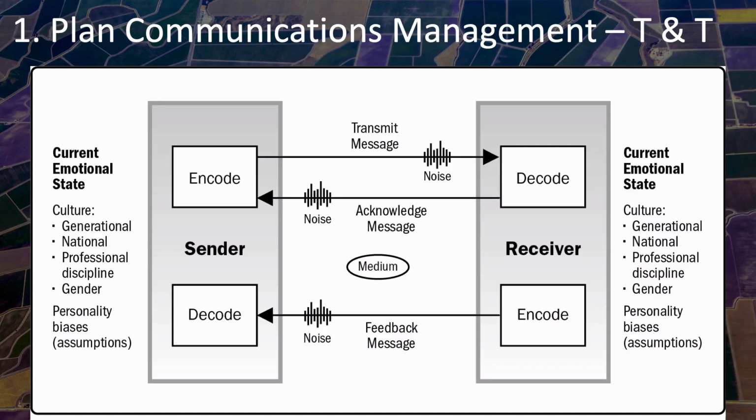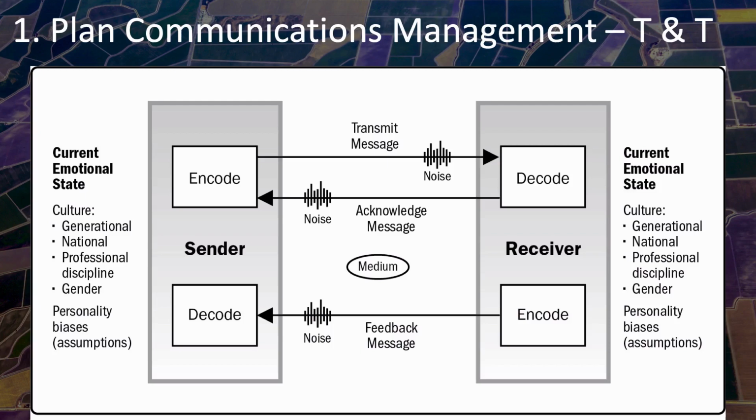Then in that communication, there can be noise caused by all these different factors. And then the decoding on the recipient's end is the process of taking that information, converting it back into thoughts and understanding. If the message is received, there can be an acknowledgement that the message was received.